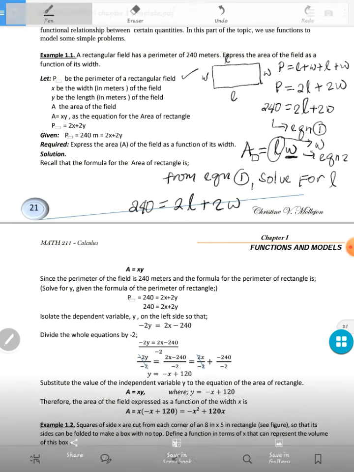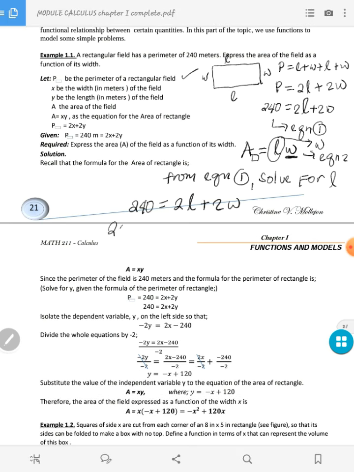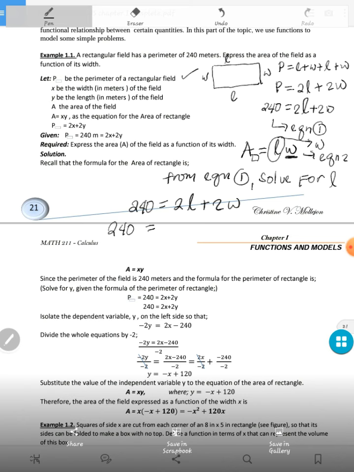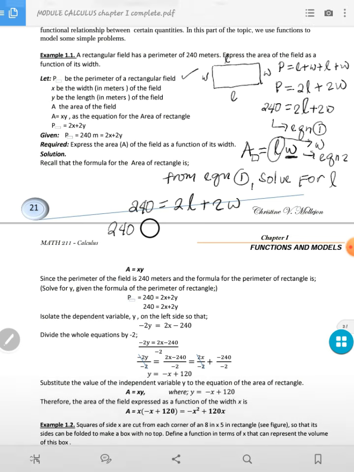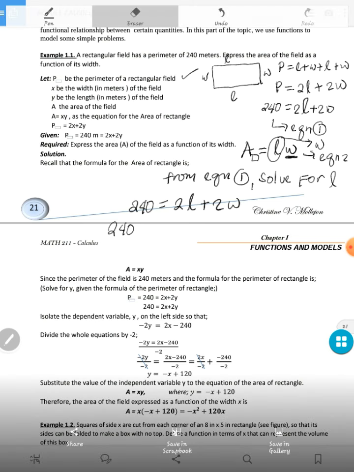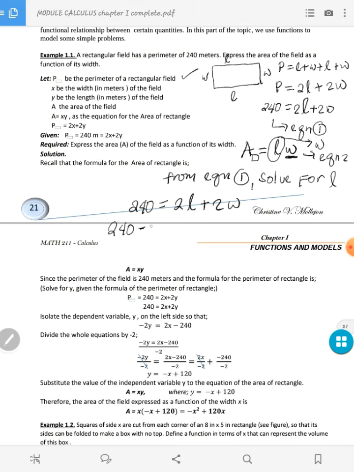We transpose the 2 width to the left side, so we have 240 minus 2 width is equal to 2 length. Then to solve for length, divide the whole equation by 2.